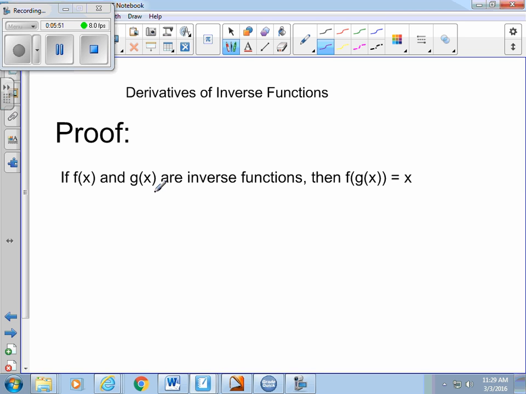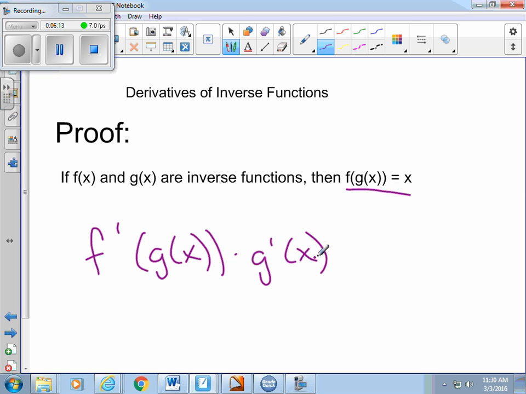If f and g are inverse functions, then f of g of x is x. In fact, that's how inverse functions are defined. They undo each other, right? So if I wanted to take the derivative of that, would you agree it would involve a chain rule? Yes. Equals 1, because the derivative of x is just 1.